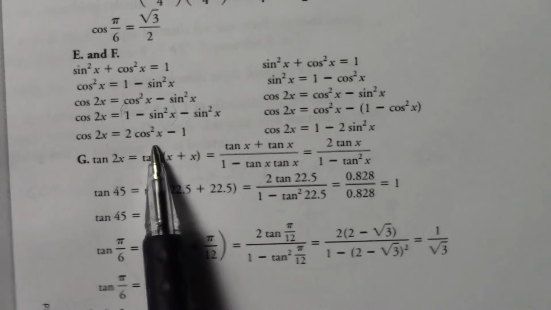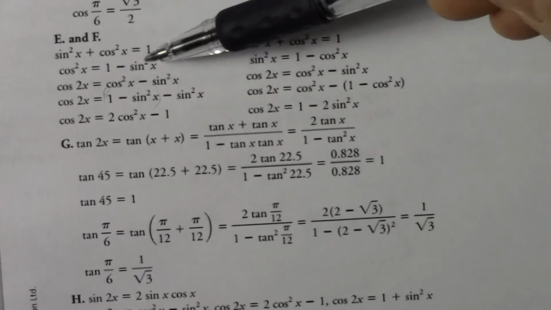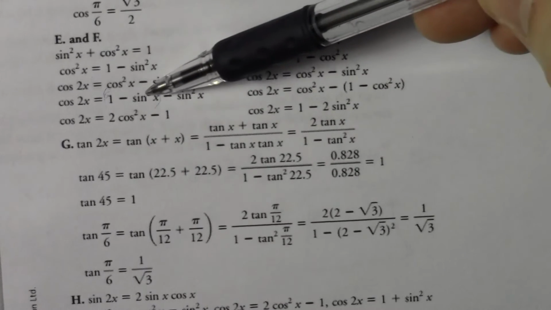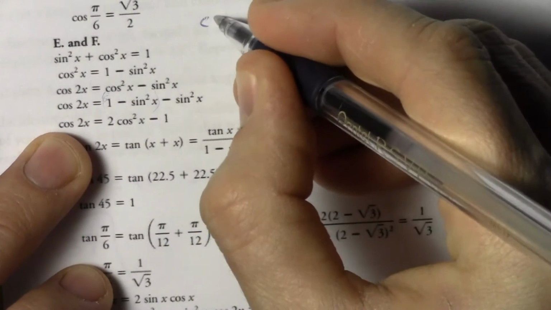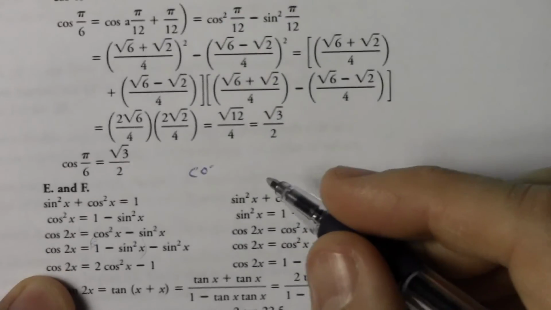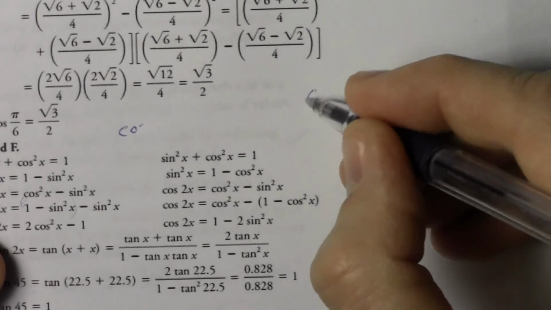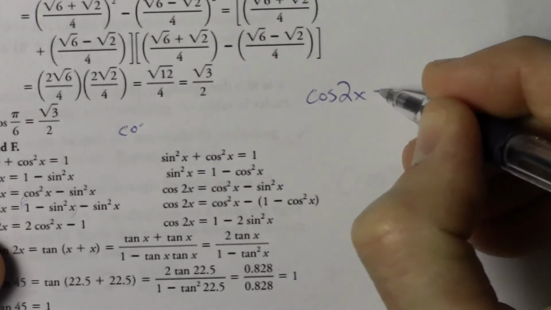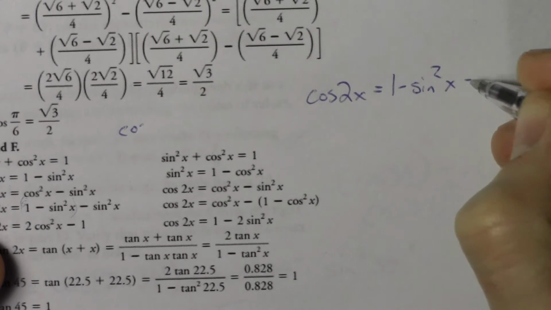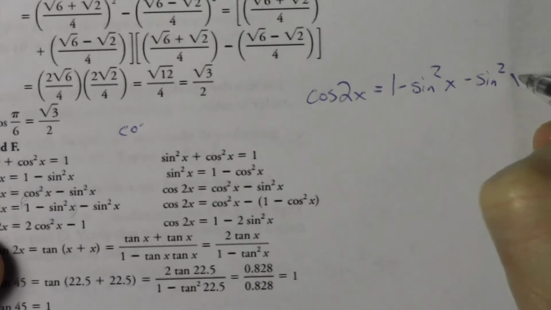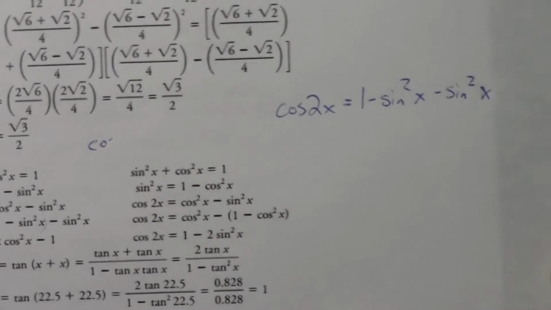Can you do that again? Sure. So we substitute in. Are you good up to here? Yeah. Okay, so we have cos 2x is equal to 1 minus sine squared x minus sine squared x. Okay, everyone's good up till there?